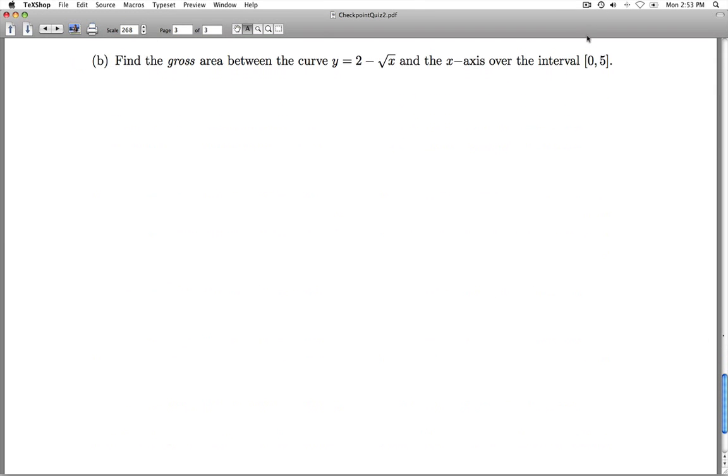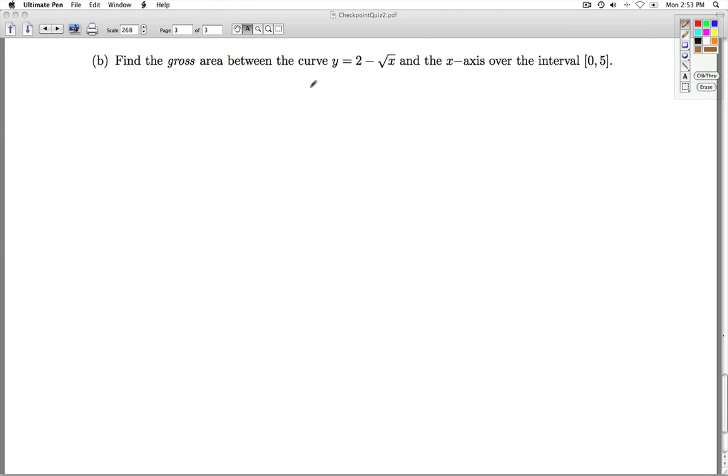Part B, find the gross area between the curve and the x-axis. So this is the area above plus the area below. So I can't just blindly integrate anymore. I need to actually sketch the graph of this thing. Let's see. When x equals 0, the square root of 0 is 0. 2 minus 0 is 2.